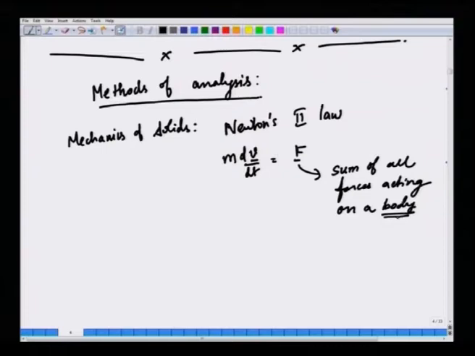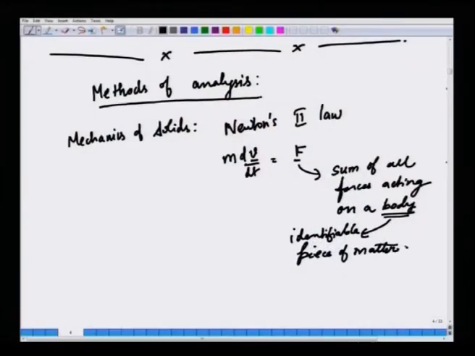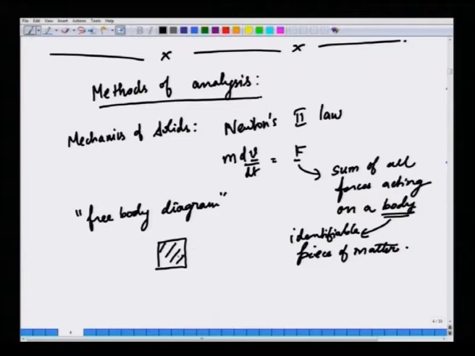A body is essentially an identifiable piece of matter in mechanics. That is, we can identify a set of points and we can always make sure that the same set of points will constitute the body. The way in which problems are done is we do a free body diagram in mechanics, identify a body, let us say a solid block of wood, and identify the forces, such as gravitational force and maybe some other tangential force.